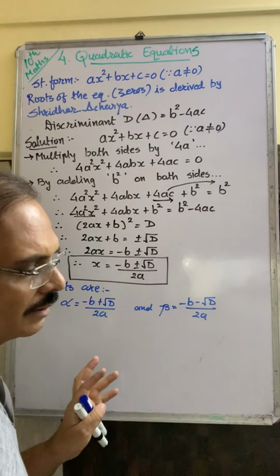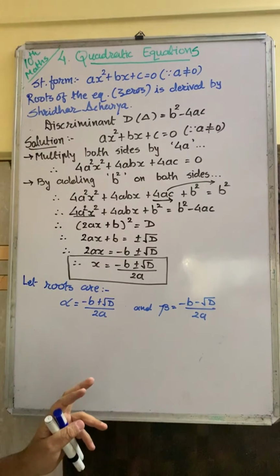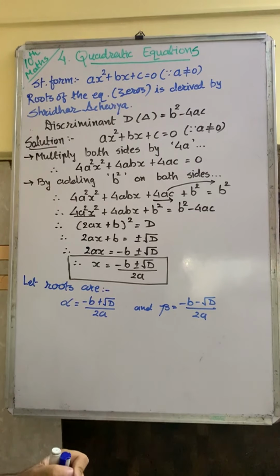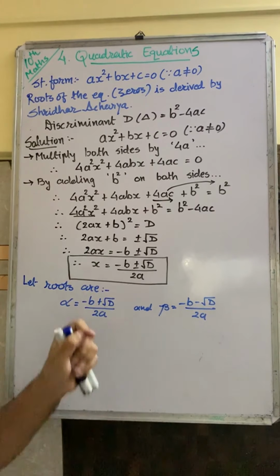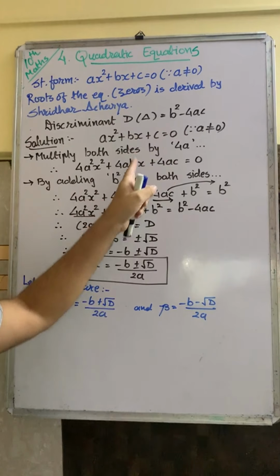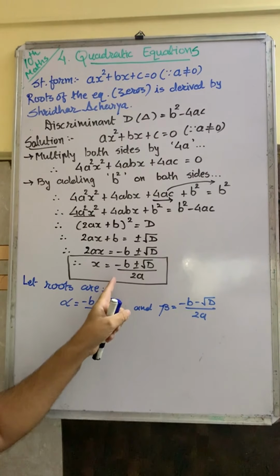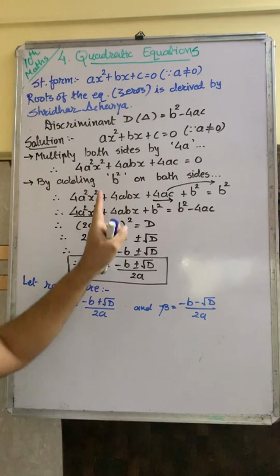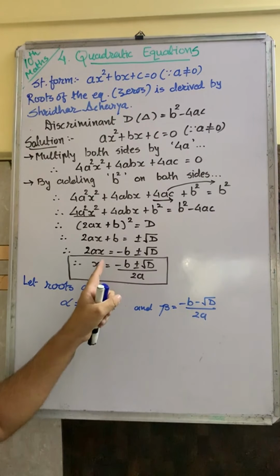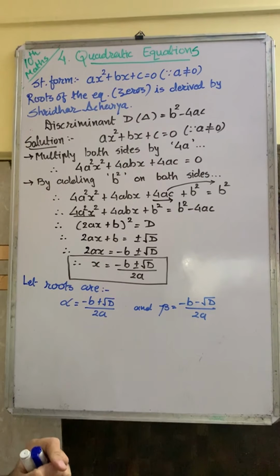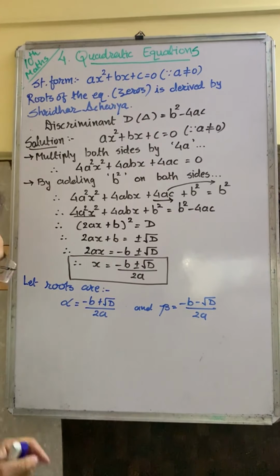Remember that sometimes in the board exam, this theory may be asked: find the solution of ax square plus bx plus c equals 0. You have to write up to this. One time it may ask to find the solution of the quadratic equation and also find alpha plus beta, that is, the sum of roots. See.